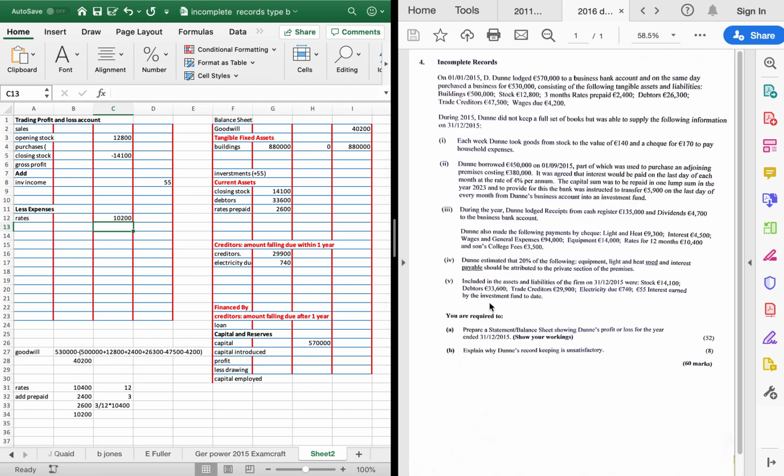Okay, so that's our rates done. Debtors 26.3, you can skip that. Creditors, you can skip that. And wages due gets taken away from wages and general expenses. So 94,000, we're going to take away the wages due of 4,200.